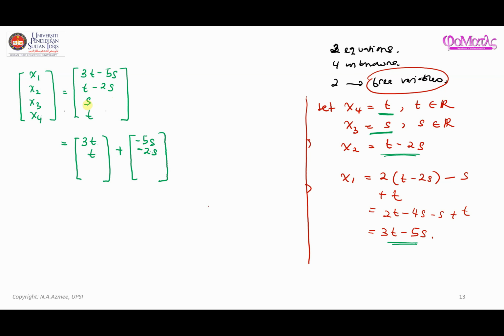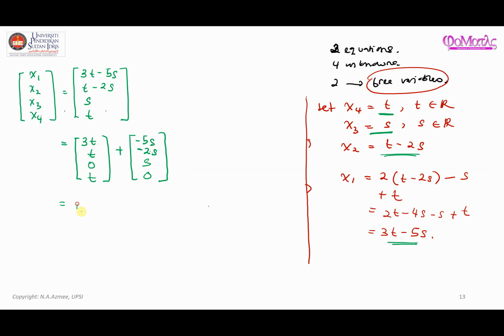For this one, s, that means there is no t, so here is 0 plus s. For this one, t, so here we have t plus 0, so there is no component of s, so here is 0. And again, we can write the result such that we only have numbers in that particular matrix. So we can take t out of this matrix.